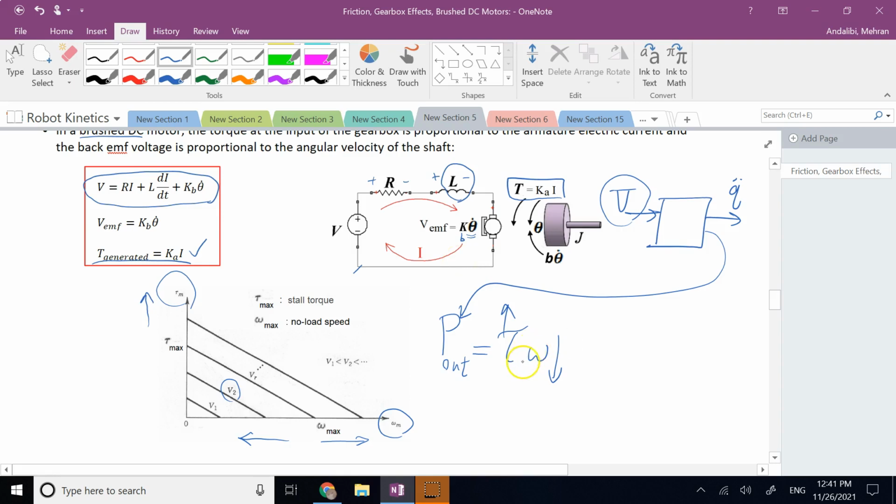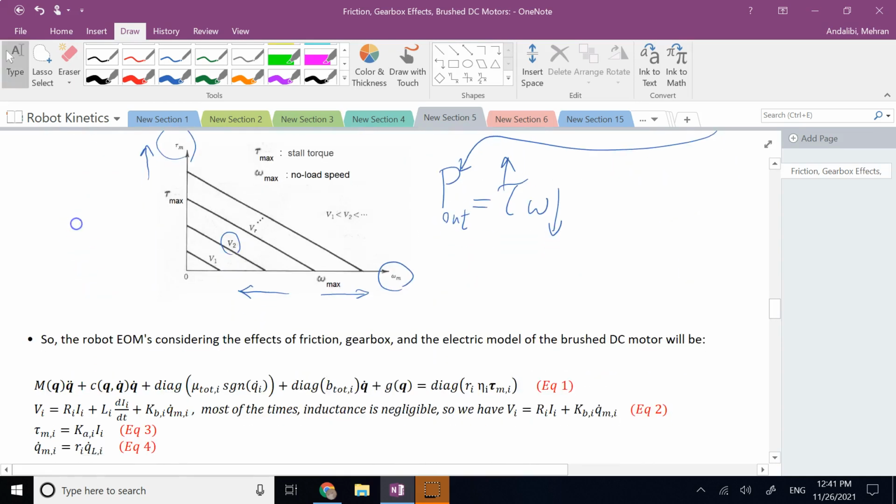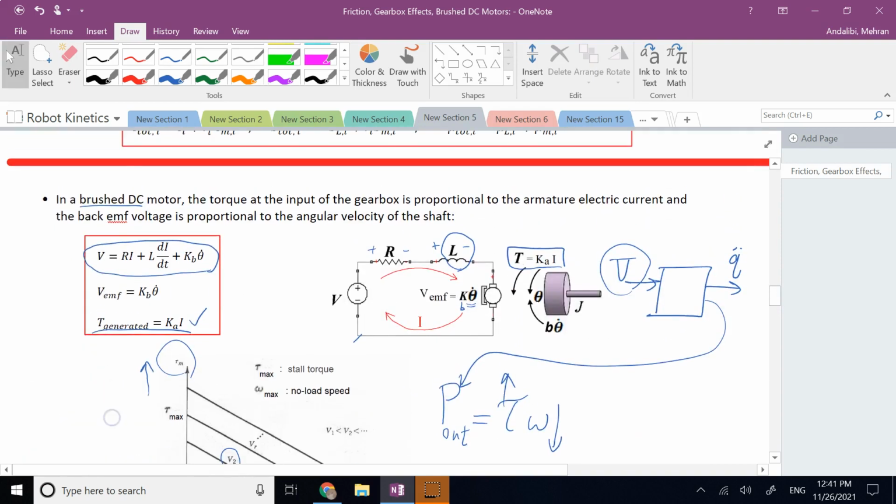So in many practical applications, including what we are going to do in a minute to derive the equation of motion, we neglect L, right? And I mentioned that for you here, that in many cases, we just neglect the inductance. That takes care of this extra derivative. And now the relation looks like a linear relation. Now, this V is what I want to keep constant for that graph.